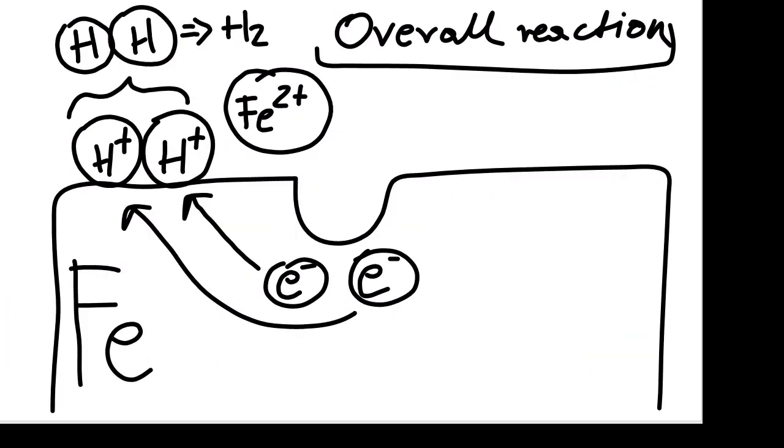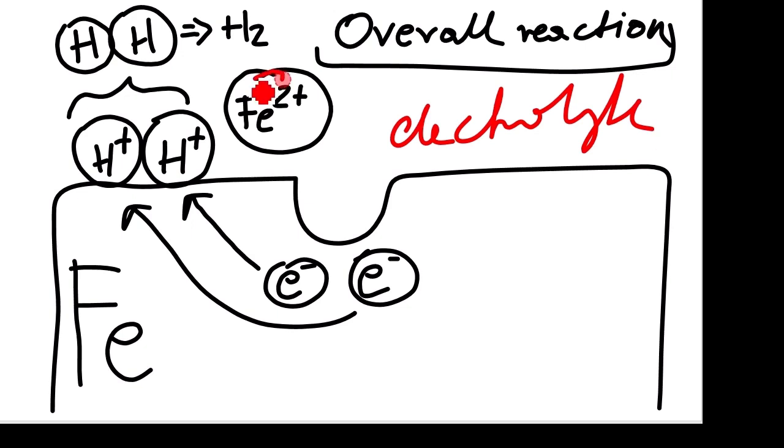Let's see the scheme of this whole overall reaction. We have a bar of the metallic iron, which is immersed in the electrolyte. There is an oxidation of the iron which passes to the electrolyte.